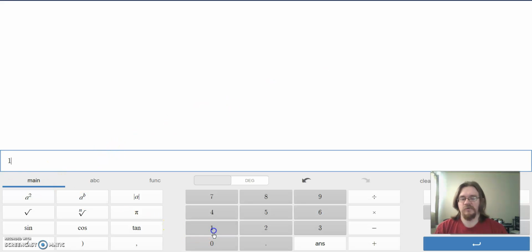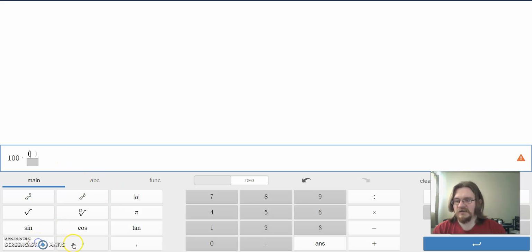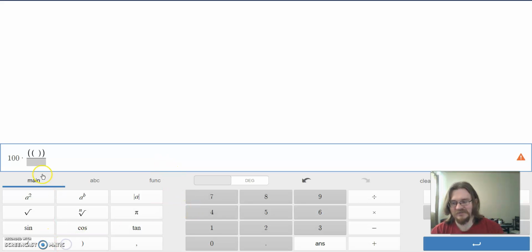So let's plug this into our calculator. So we have 100 times, and then what I'm going to do is I'm going to use this button on the right hand side, sort of behind my face, to make this a fraction. And we've got a big set of parentheses, and inside of that parentheses, we're going to have a smaller set of parentheses.